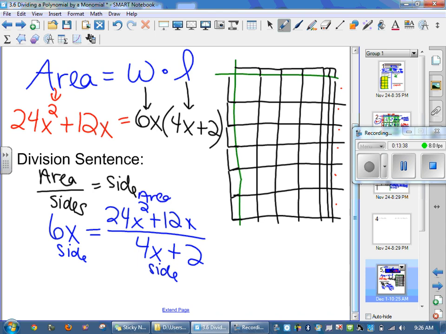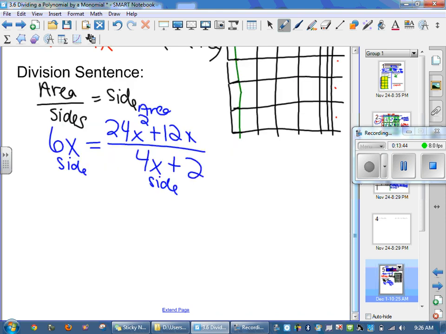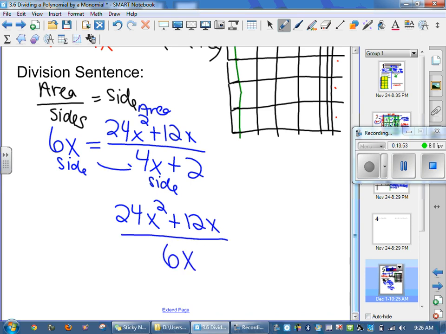What is the second way I could write it? 24x squared plus 12x. Now what goes underneath it? 6x. Good. You just switch them places, and you write the next sentence. So that one's going to equal 4x plus 2, the other side.